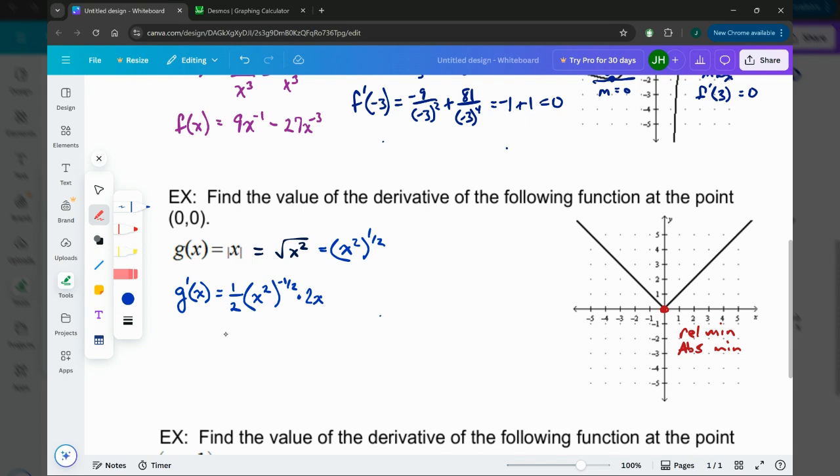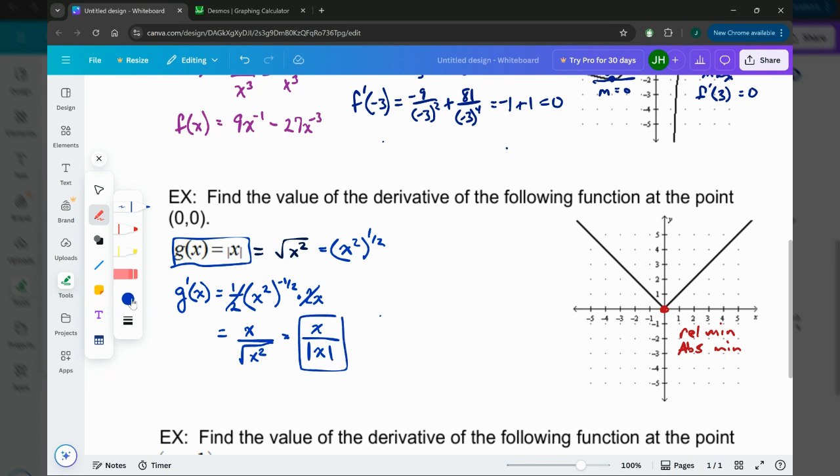If I do some simplifying here, the 1/2 and the 2 cancel, and I get x over, the negative exponent would put the radical on the bottom, so I've got radical x squared on the bottom. But if you notice closely, this is x over the square root of x squared, which is the absolute value of x. So we have a new derivative formula. The derivative of the absolute value of x is actually x over the absolute value of x.